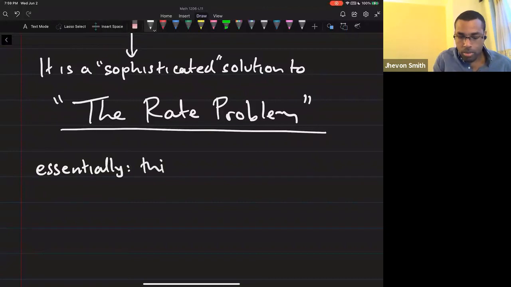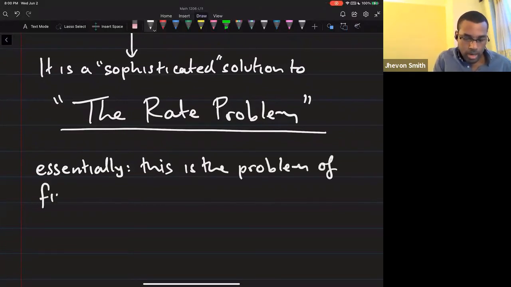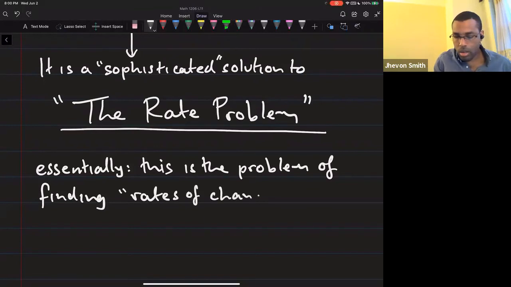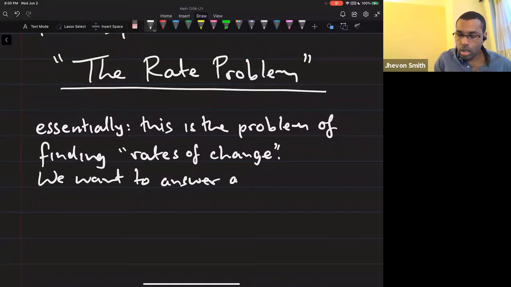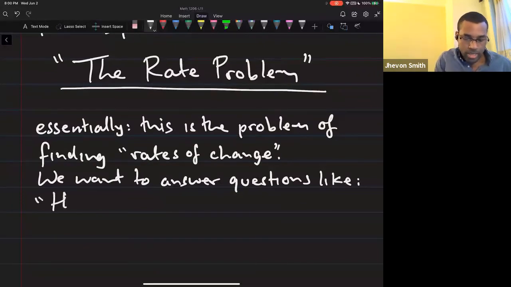this is the problem of finding what we call rates of change. We want to answer questions like, how fast is that moving?